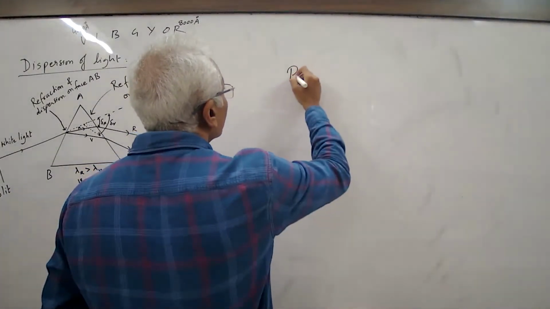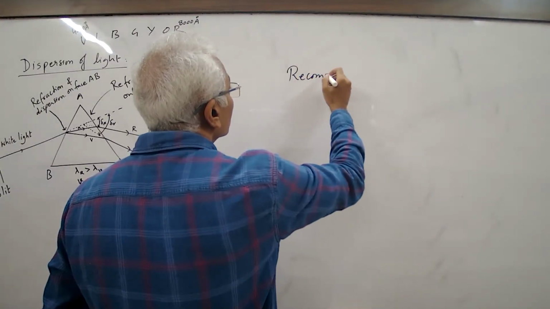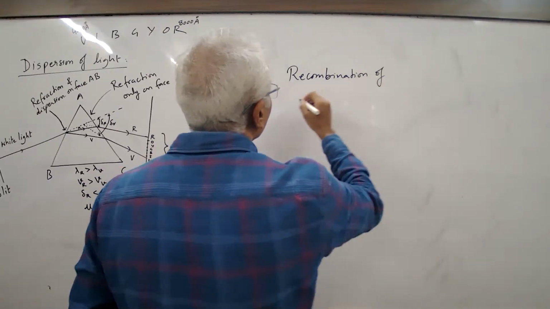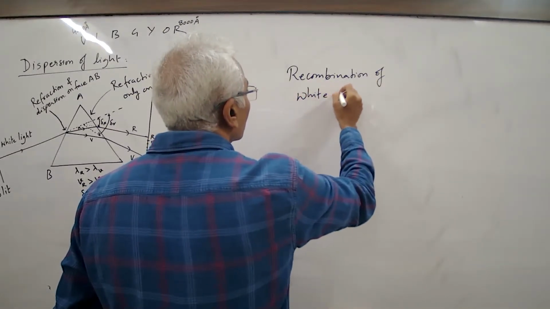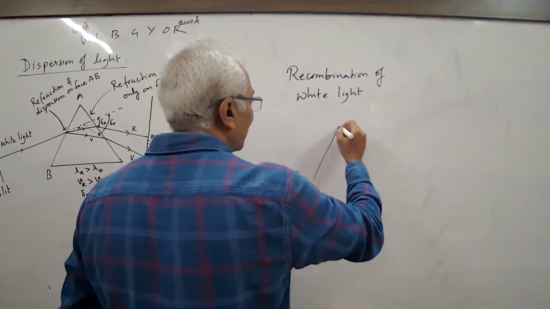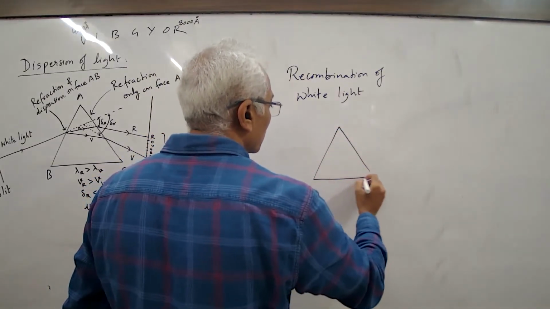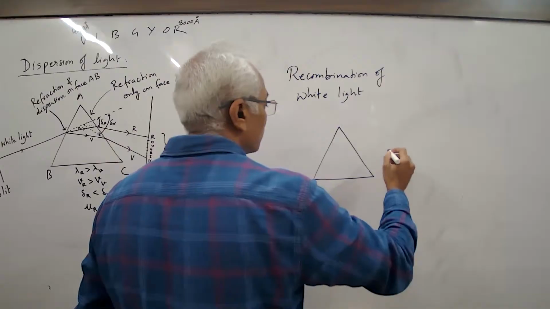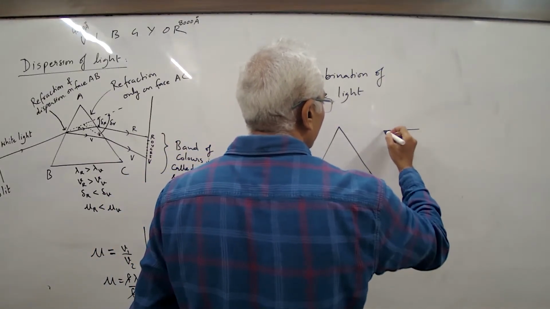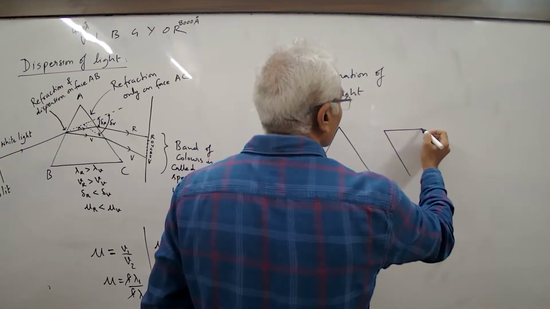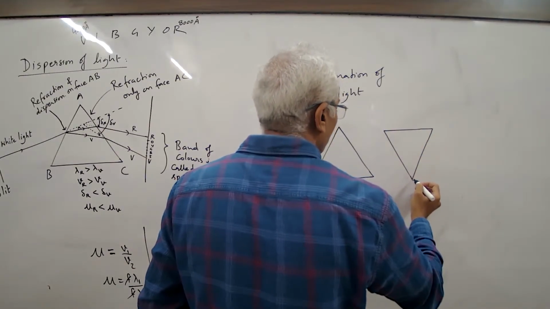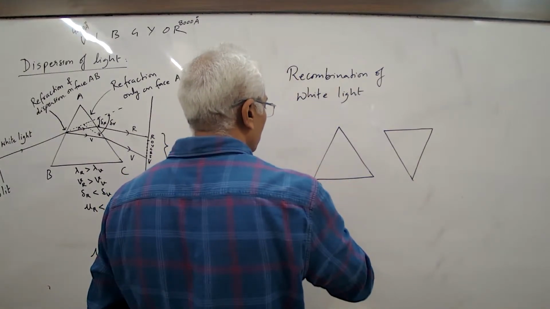So there is something called recombination of white light. When you keep two identical prisms side by side, with the second prism identical but inverted. So what was the rule of refraction?